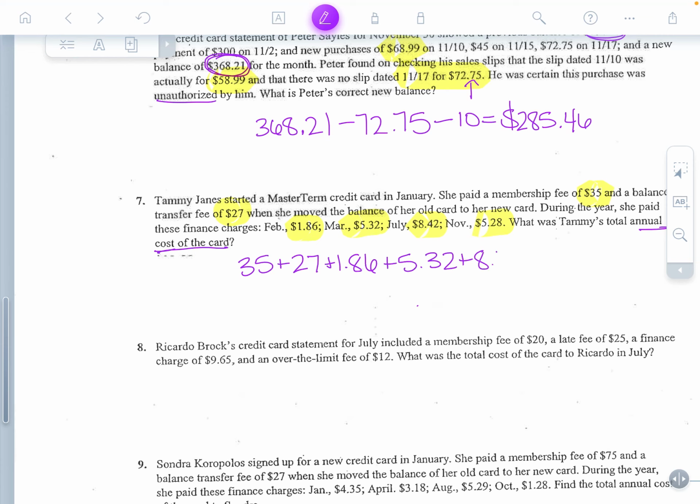And the reason why all these numbers are in the cost of the card, finance charges are based off of what you purchased and what you owe, so they're just strictly you paying the credit card company. So I'll go ahead and put those numbers in my calculator.